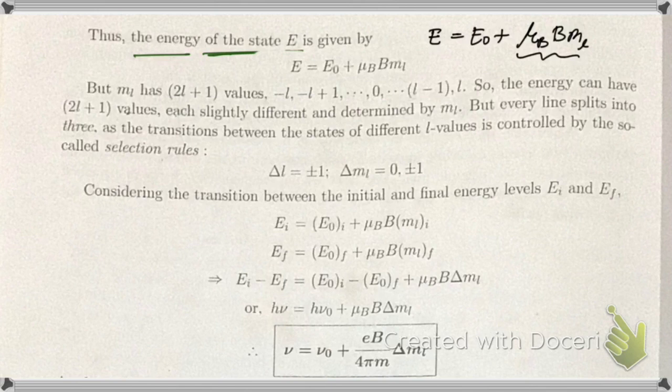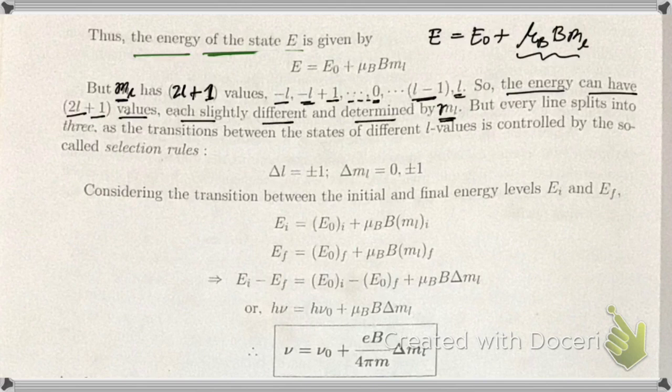But this small ml has twice L plus 1 values, and those are minus L, then dot dot dot 0, then L minus 1, then L, right? So the energy can have twice L plus 1 values, slightly different and determined by ml.